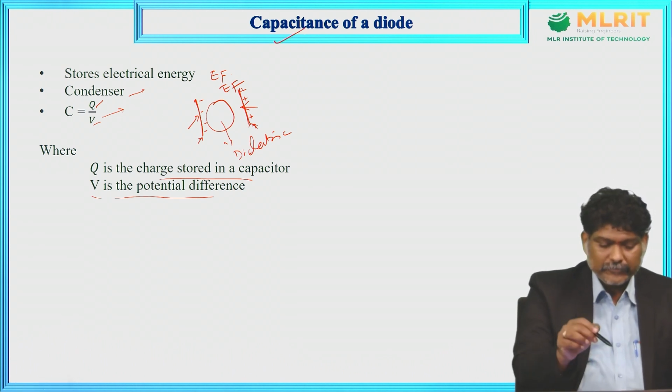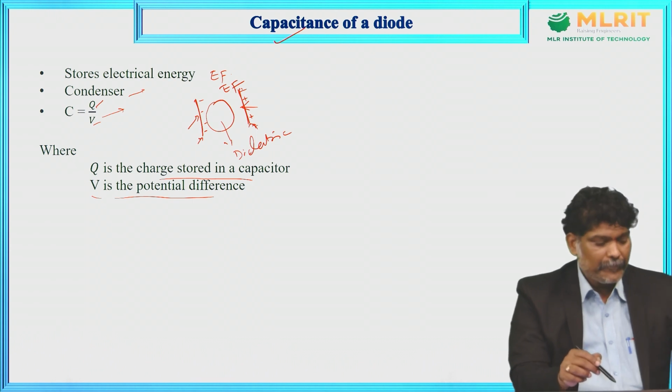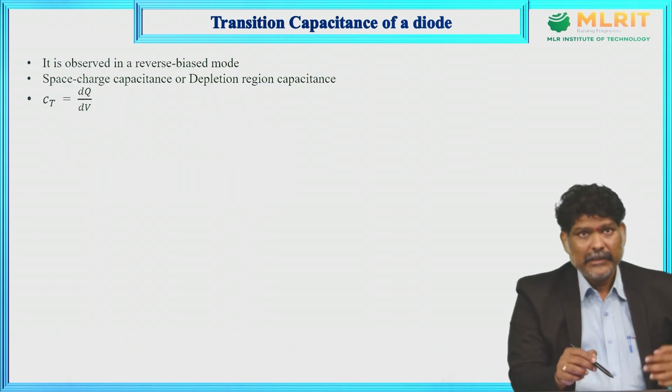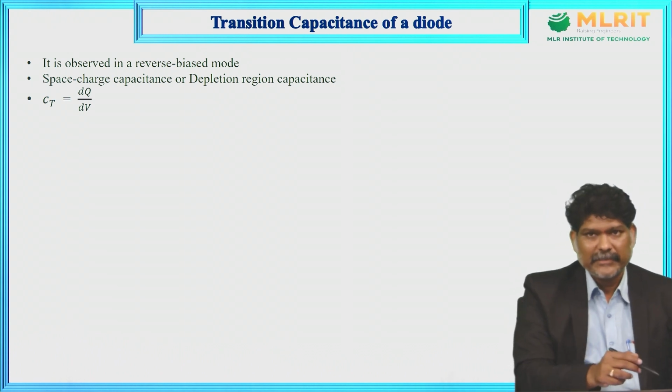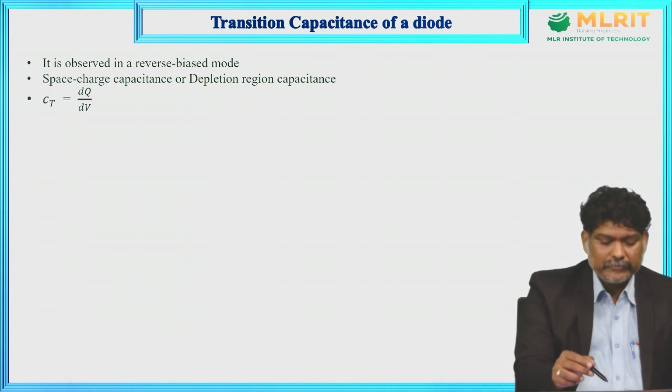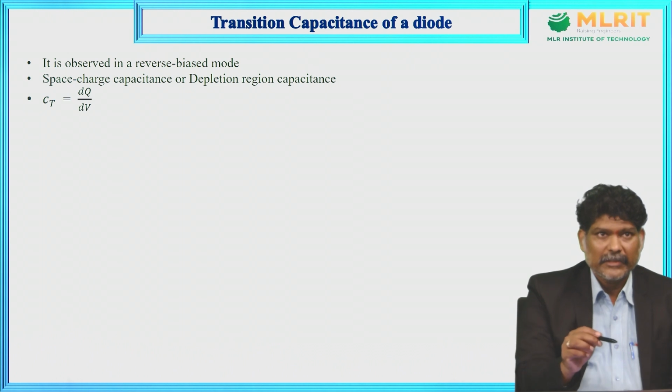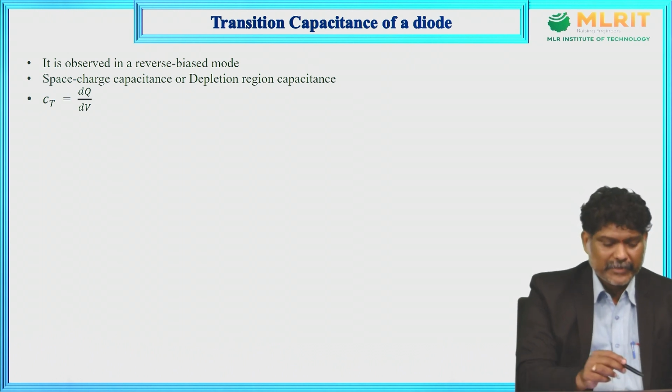In the same way, if you look at the capacitance of a diode, we have two types of capacitances exhibited by a normal PN junction diode.